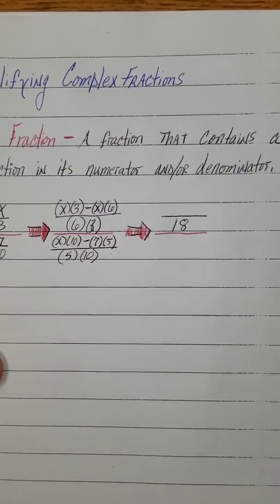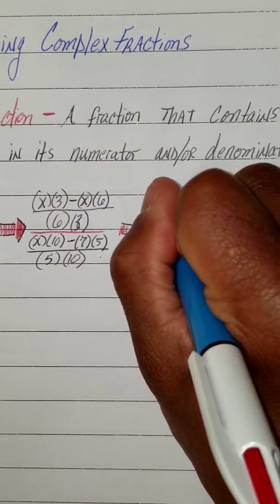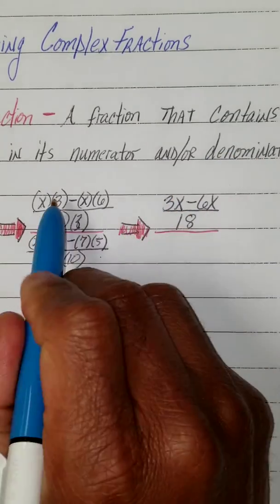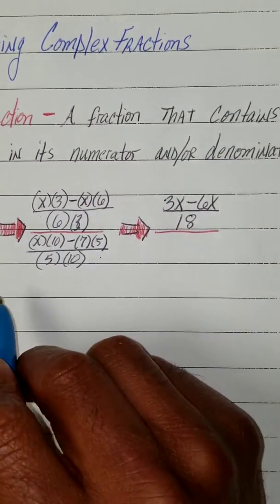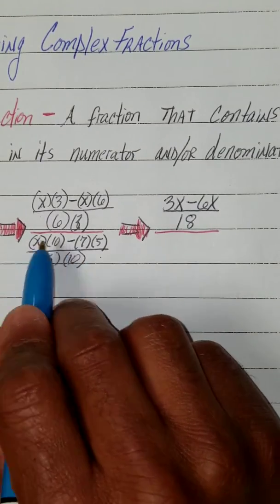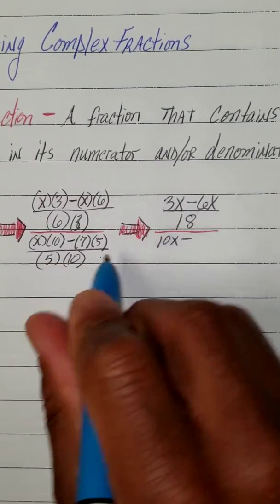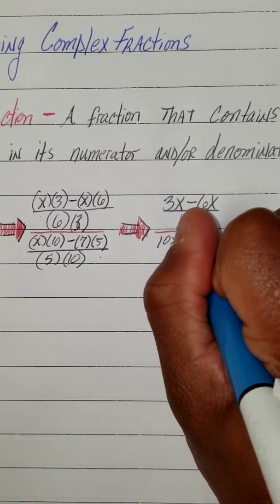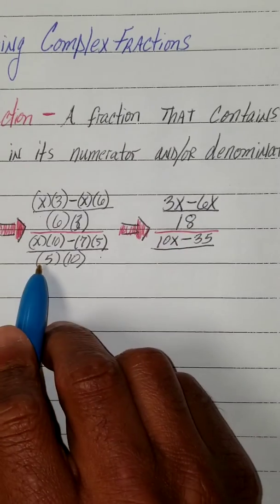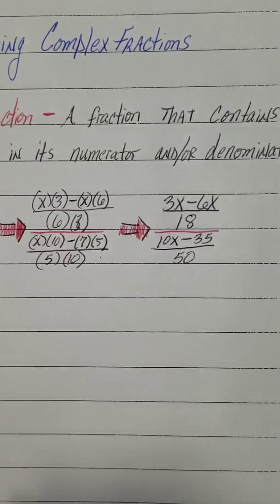Here, this is going to give me 3x minus 6x when I multiply 3 times x and 6 times x. Here, I'm going to multiply 10 times x, and it's going to give me 10x minus 7 times 5, which will give me 35, all over 5 times 10, which is simply 50.